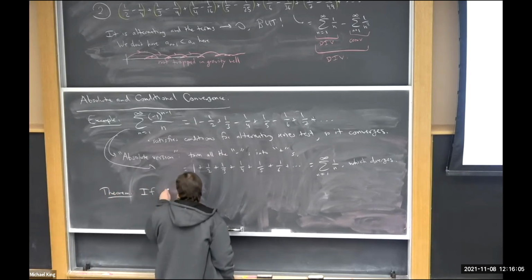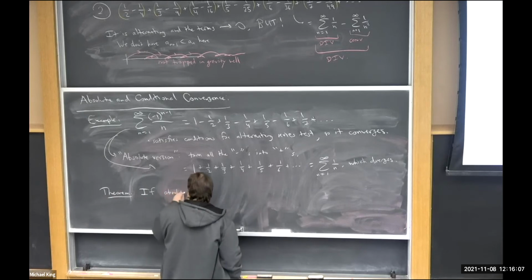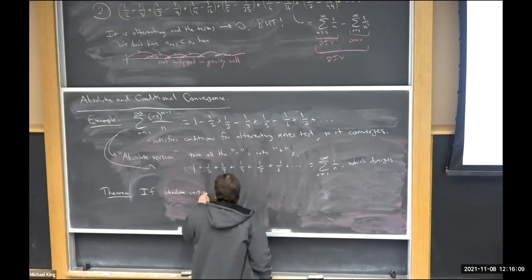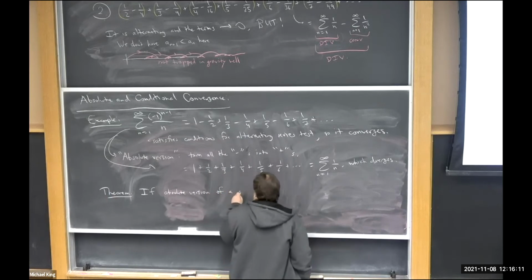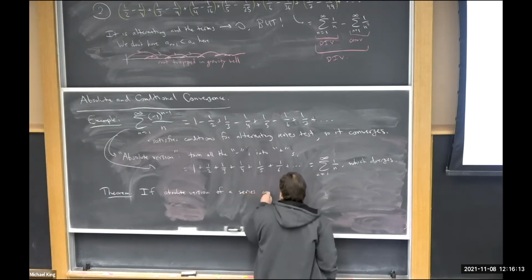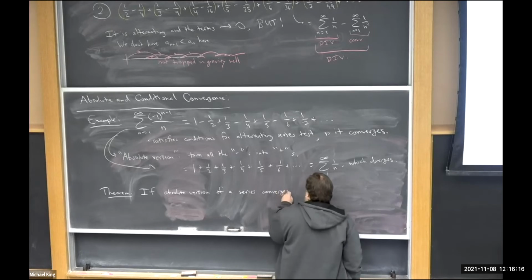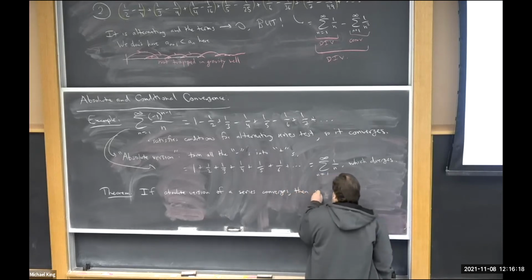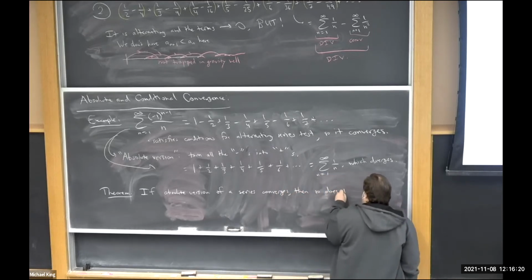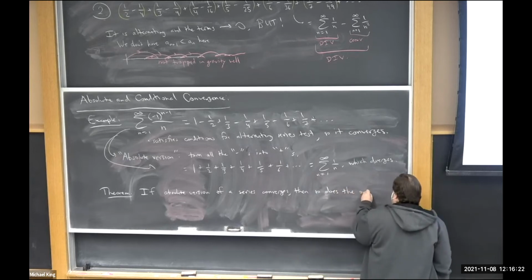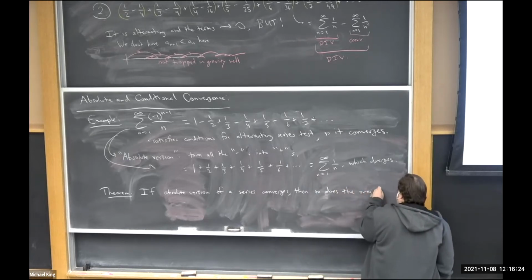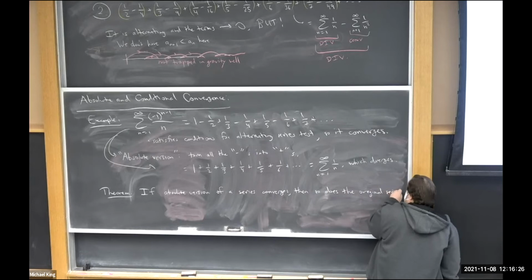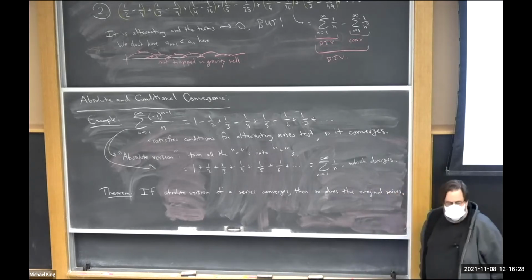If the absolute version of a series converges, then so does the original series. That's kind of a big statement.